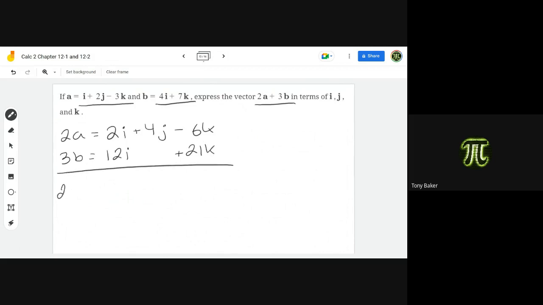And if I wanted to do 2a plus 3b, I add them together. So I have 14i plus 4j plus 15k. And that's what it would be in terms of i, j, and k.